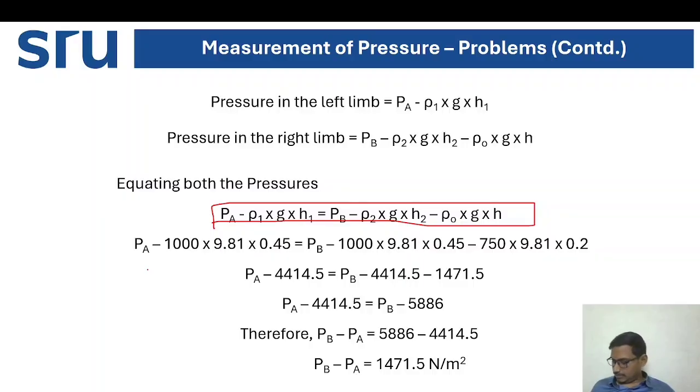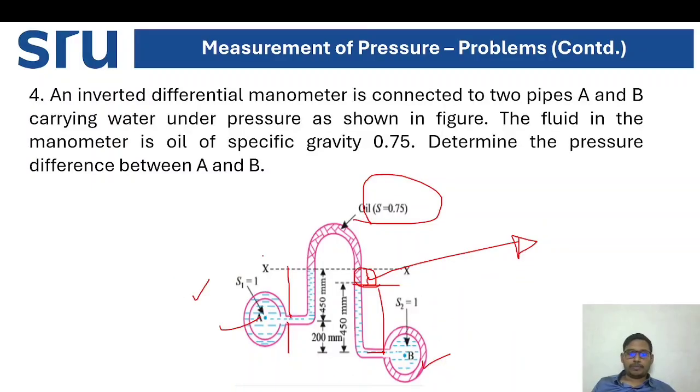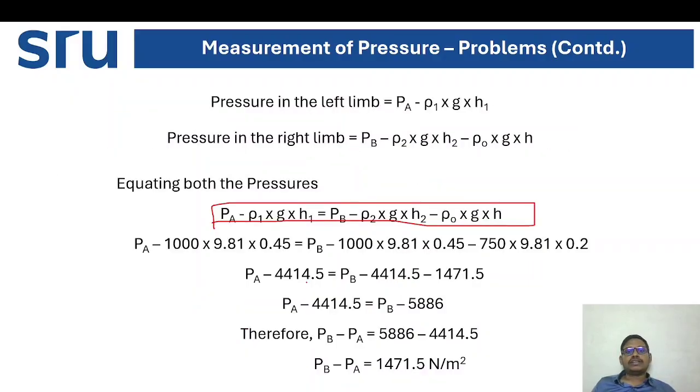Pa minus, so LHS equal to RHS, we can see Pa minus 1000 into 9.81 into 0.45. 0.45 is nothing but this one in a simple sense. That is also equal to Pb.